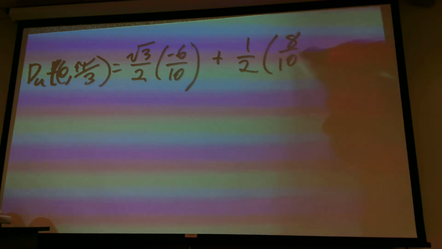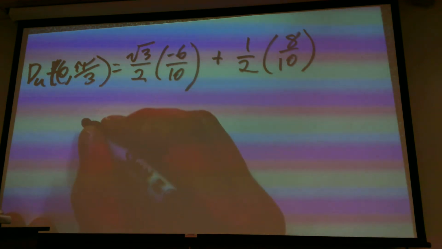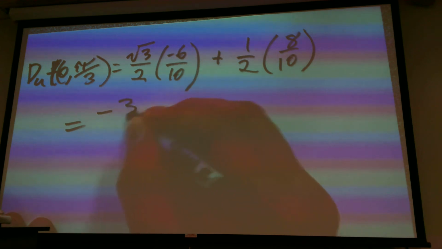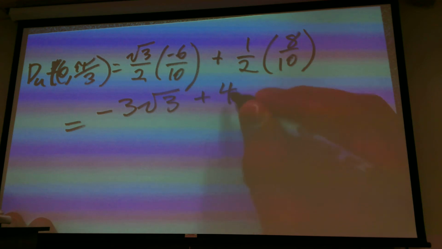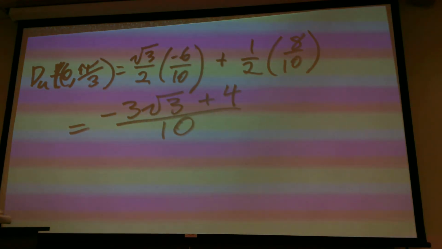I'm aware that that can be simplified, but I want to leave that 10 on the bottom. Okay, so that way we can write this as negative 3 times the square root of 3 plus 4, all of that divided by 10. So that's the directional derivative.